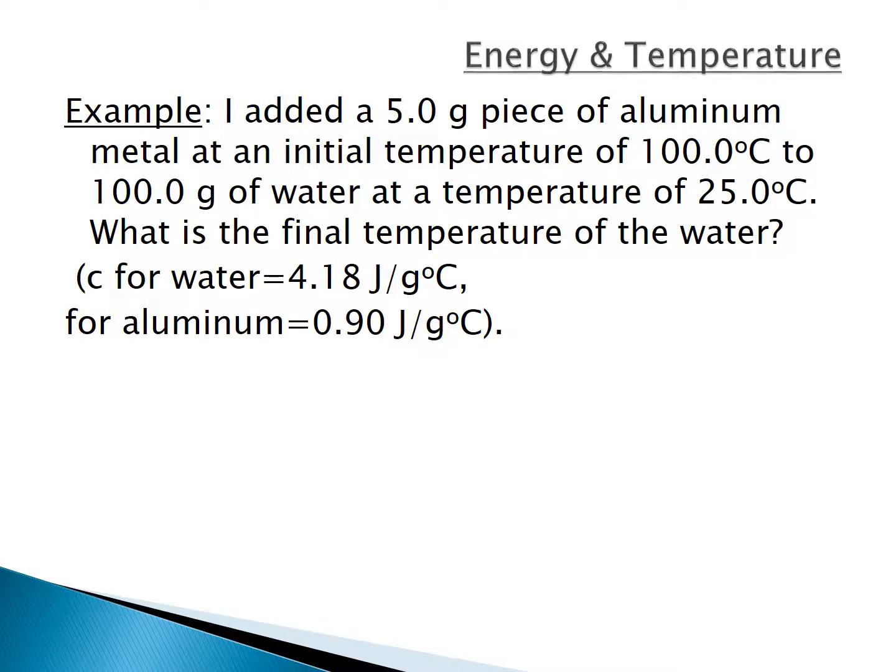We're also going to assume that the aluminum and the water, when they're mixed together, come to the same final temperature. They reach what's called thermal equilibrium. Just a fancy way of saying once heat transfer is complete, they're at the same temperature. Okay, so based on that assumption, we could say that the heat the aluminum loses is equal to the heat that the water gains, right?